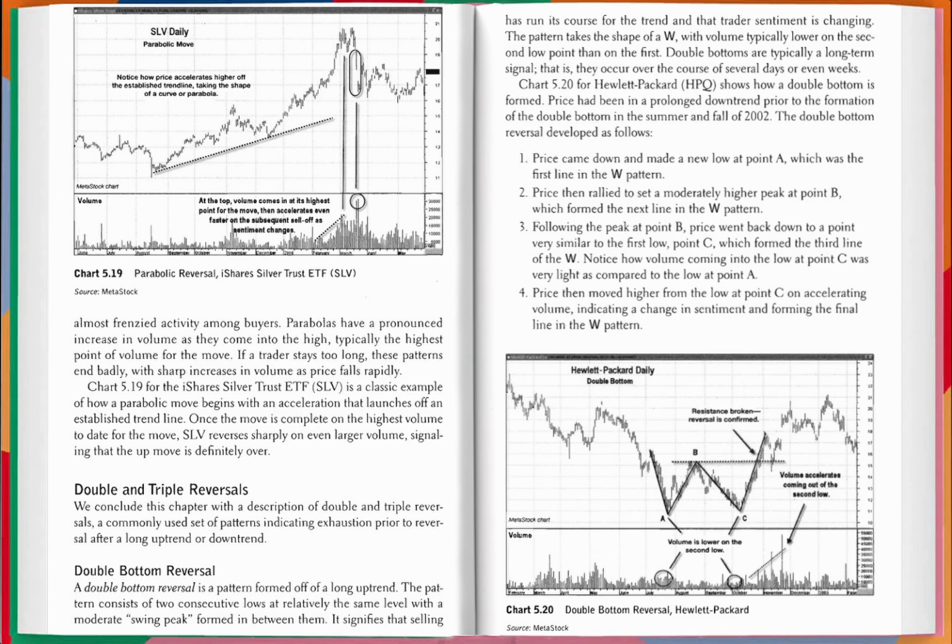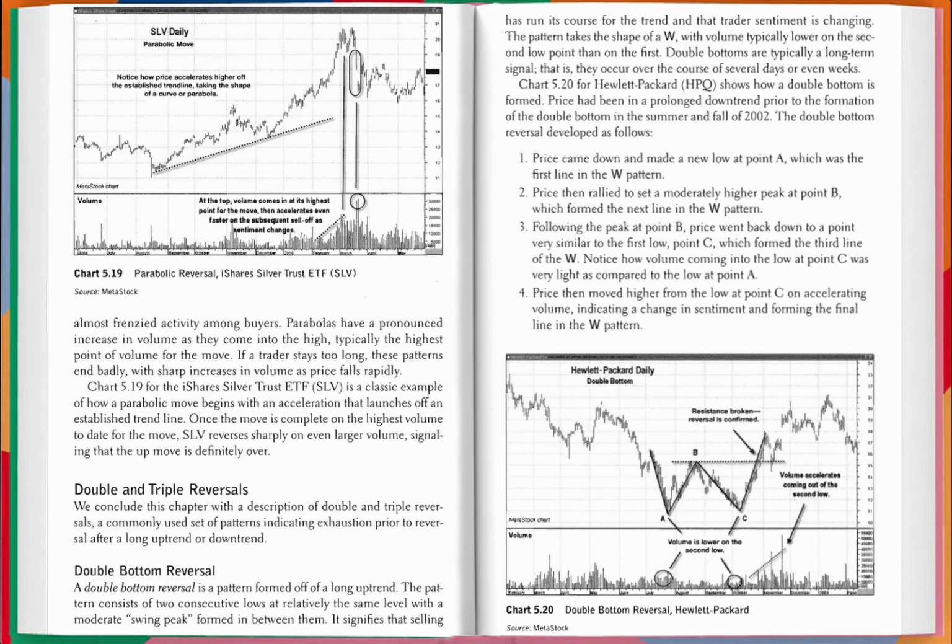Double and triple reversals. We conclude this chapter with a description of double and triple reversals, a commonly used set of patterns indicating exhaustion prior to reversal after a long uptrend or downtrend. Double bottom reversal. A double bottom reversal is a pattern formed off of a long downtrend.